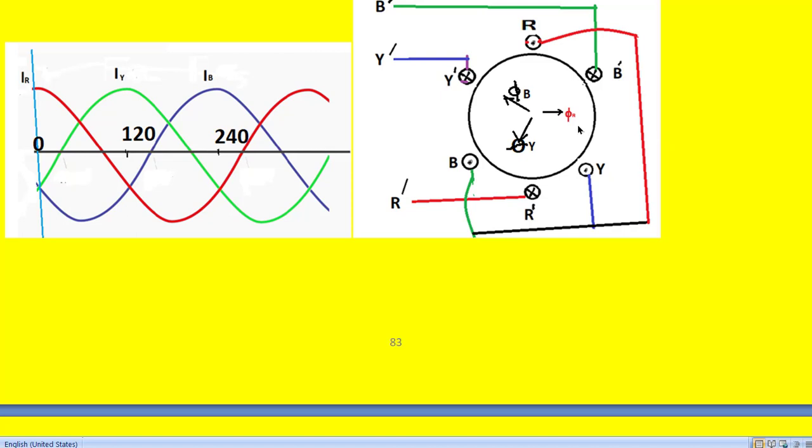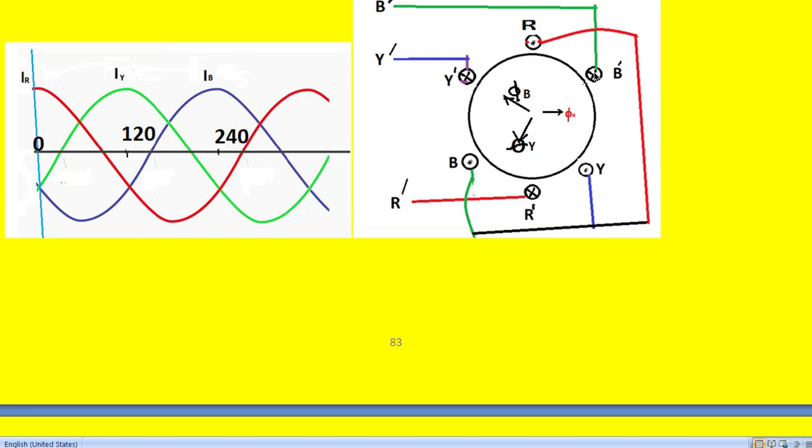And this flux phi R, or phase R flux, we treat as the positive direction of the flux in the R phase. So negative direction automatically becomes the reverse direction. Similarly, for B phase, apply Faraday's right hand thumb rule.